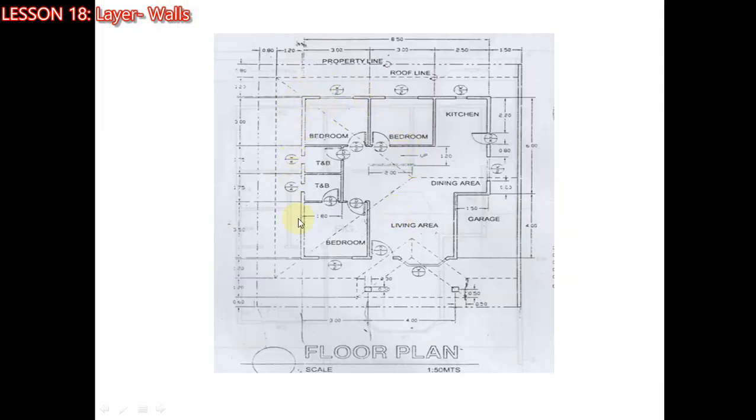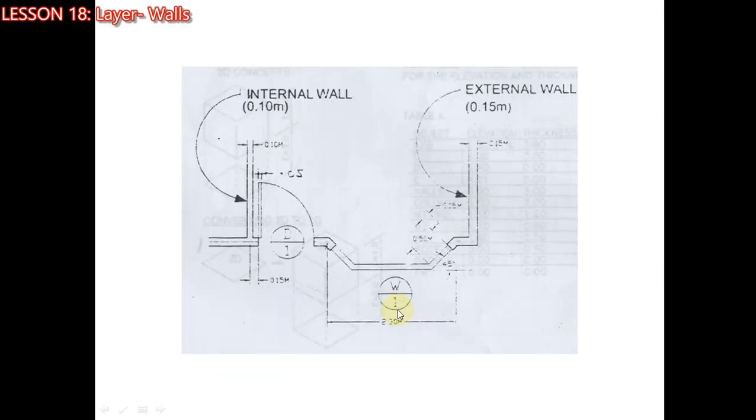We will base our drawing on this slide. We'll draw the walls. Internal wall has a thickness of 0.10, while external walls have a thickness of 0.15 meters.